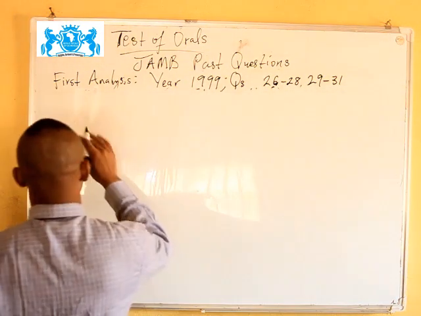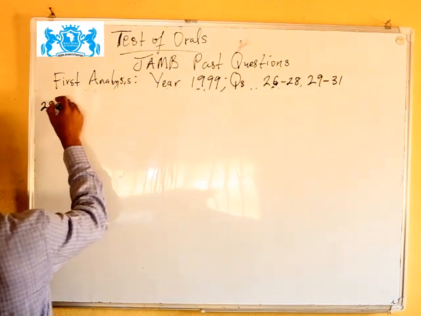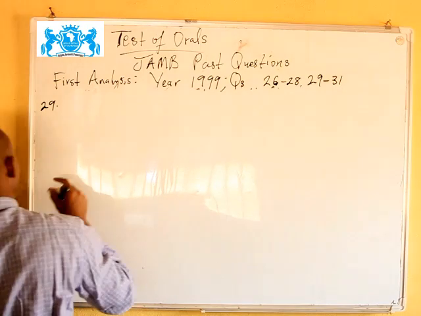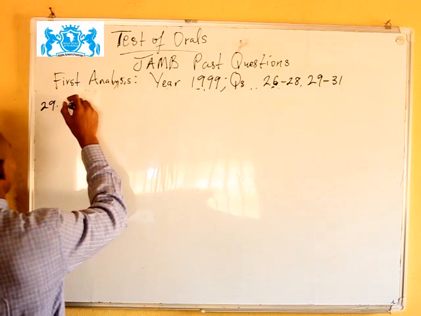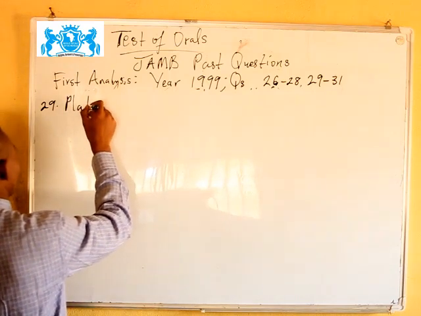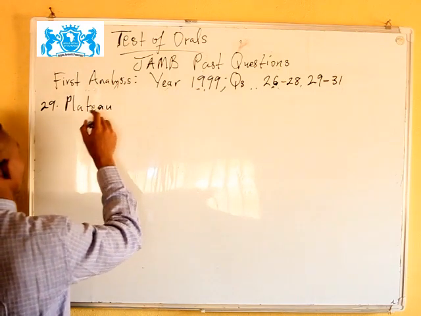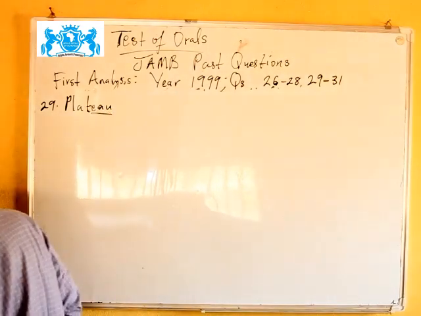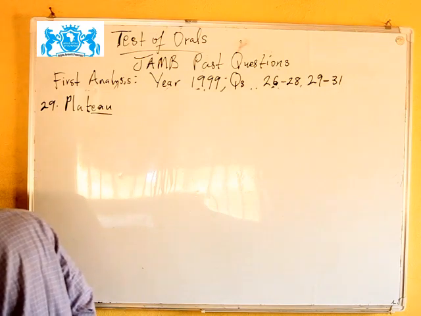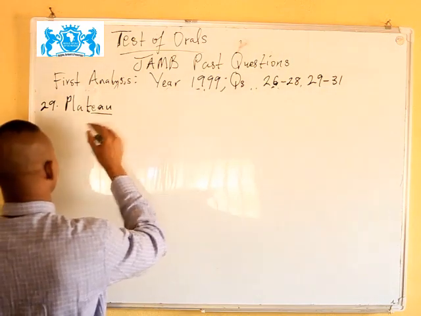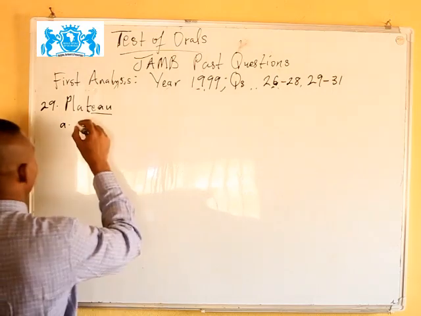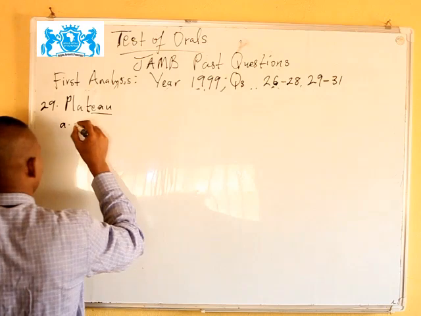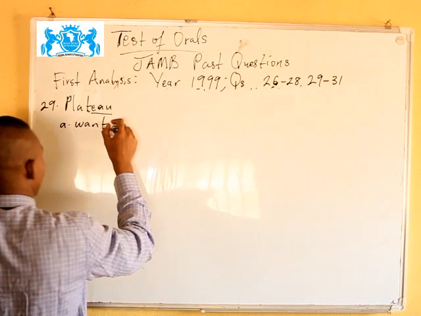So the word given is plateau, and EAU is underlined. So we have option A as WANTED.